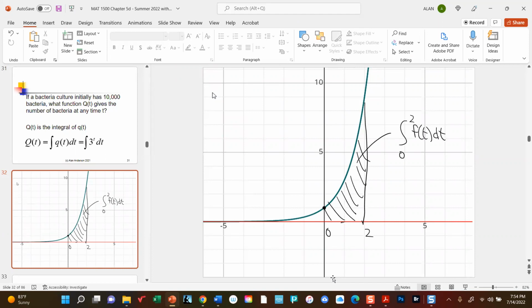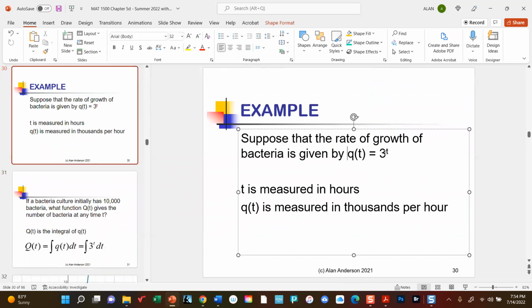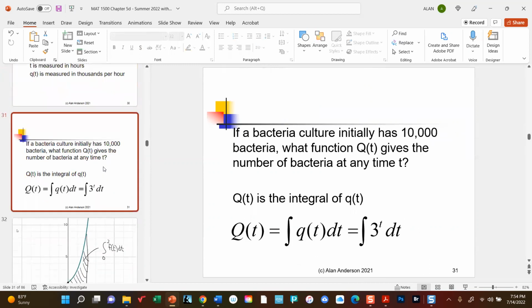The total amount of bacteria is going to come from the integral over that range. Okay, so what we're going to do here is take this function and integrate it to come up with a function that will enable us to predict how many bacteria there will be at any given time. The integral itself is essentially measuring the rate of change. The Q of T is saying how many are there at any given time.